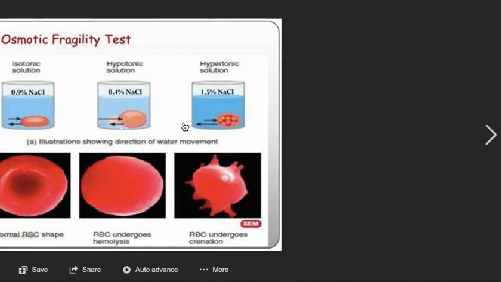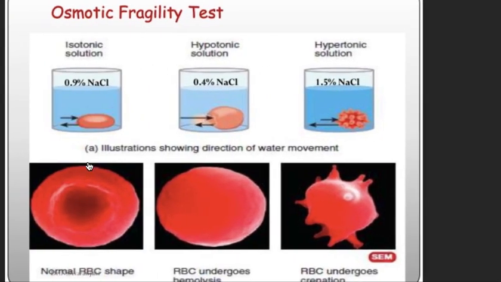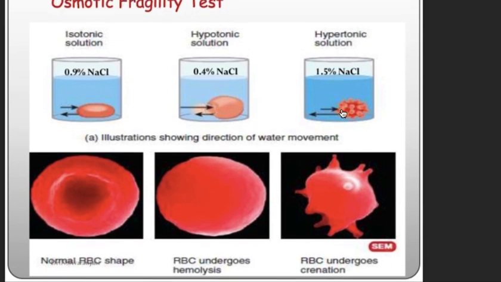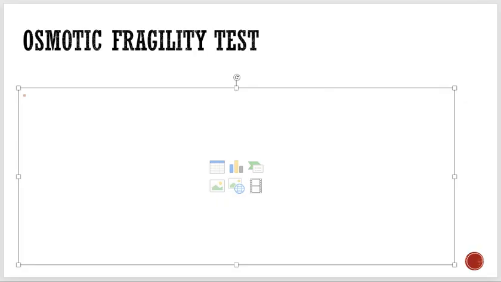So see, whenever we put the RBCs into isotonic solutions, right, what will happen with biconcave RBCs? What happens in this test is that the red blood cell membrane is abnormal, in which the cells become spherical. So the cells are less resilient to damage.